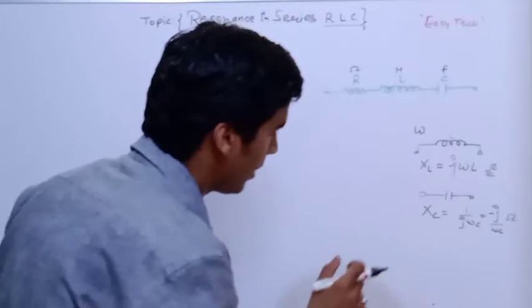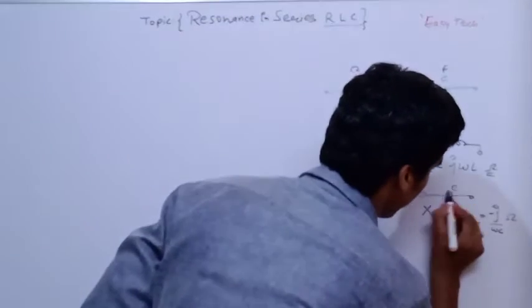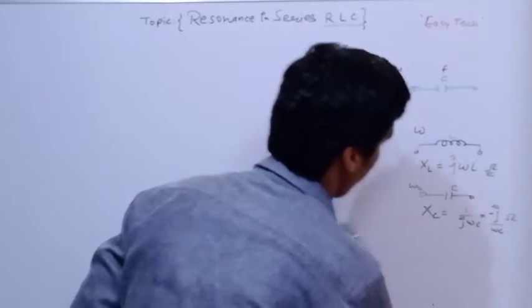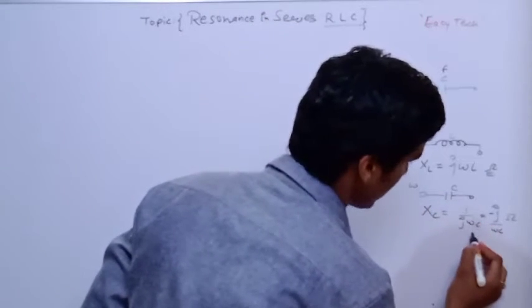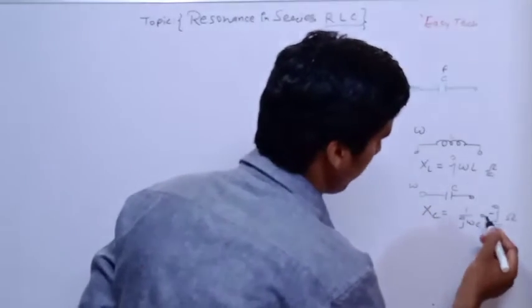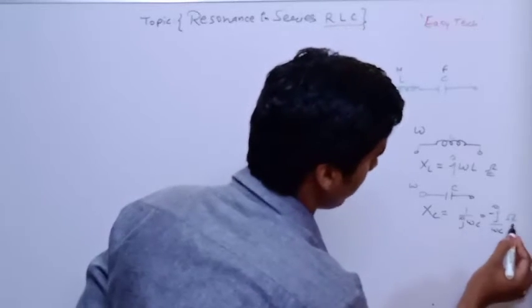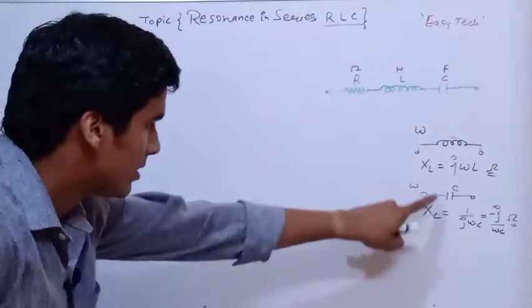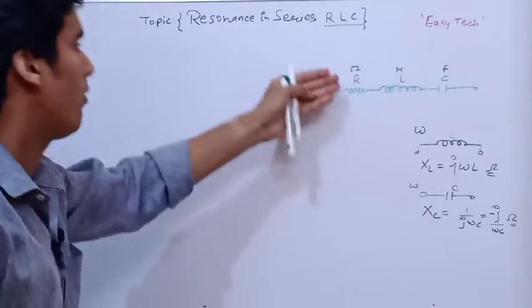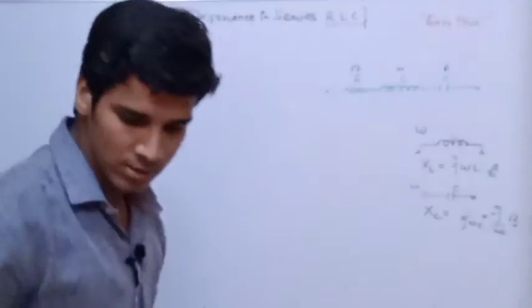The same applies if the capacitance is C and the input frequency is omega: it is 1 upon j omega C, or minus j upon omega C, also in ohm. So this is the inductive impedance, this is the capacitive impedance, and the unit of resistance is always ohm.